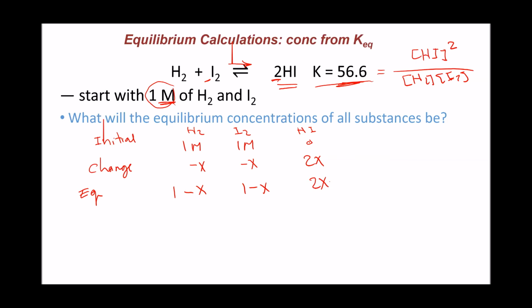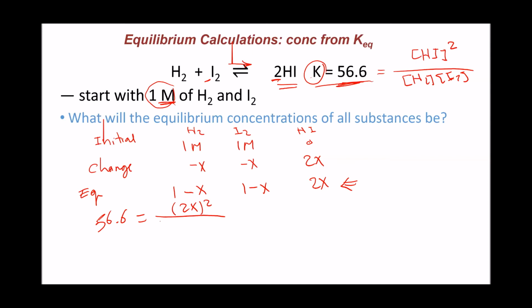And what you need to do is just substitute the equilibrium values in the expression for the equilibrium constant right here. So 56.6 is going to equal the concentration of HI at equilibrium, which is going to be 2x raised to the power of 2.